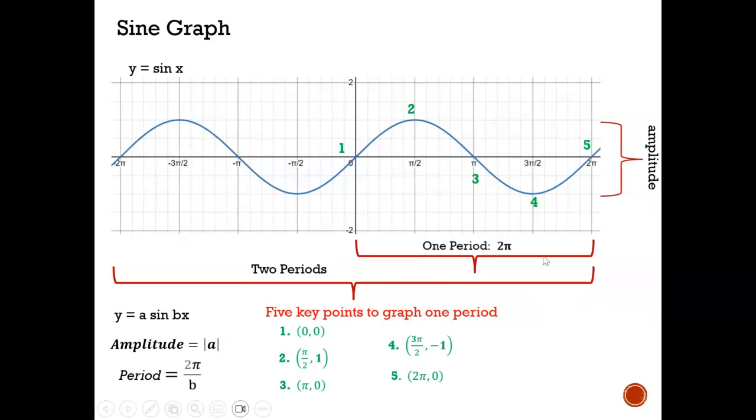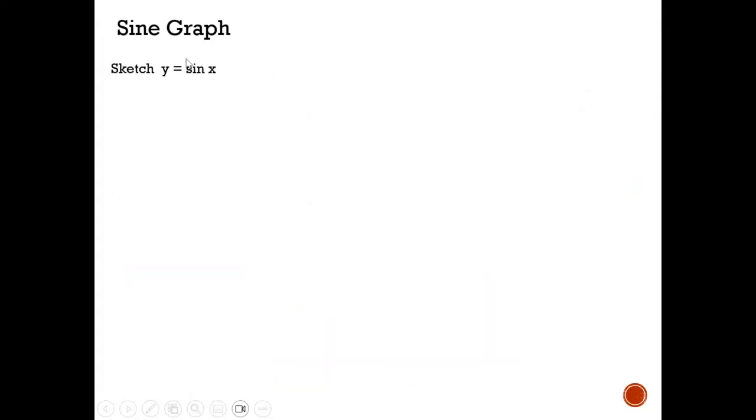So now let me prove to you, by all these formulas, why the sine graph looks like this. I'm going to sketch y equals sine of x from scratch, right from the beginning. So right away we have to know what the a is and what the b is to graph 1 period.